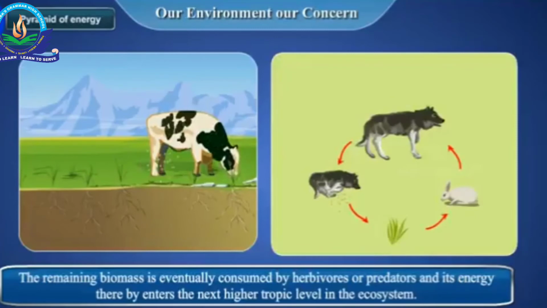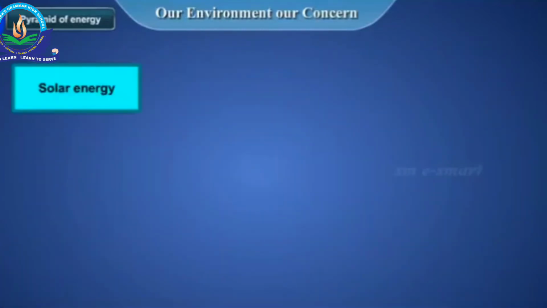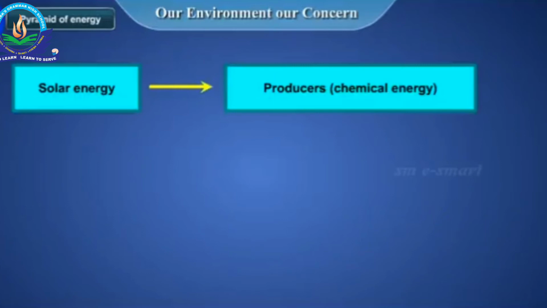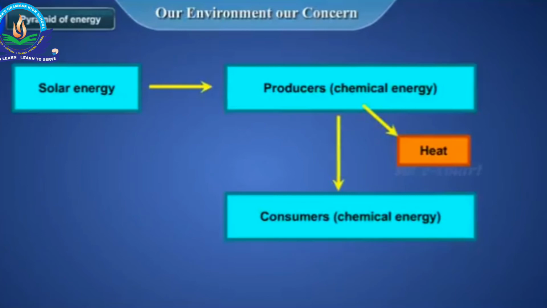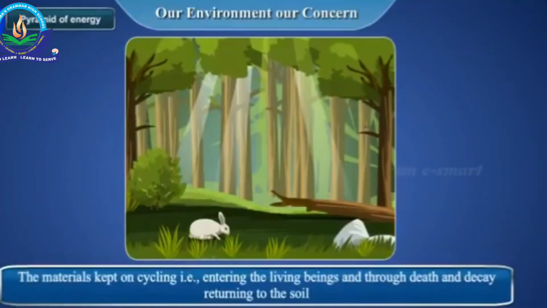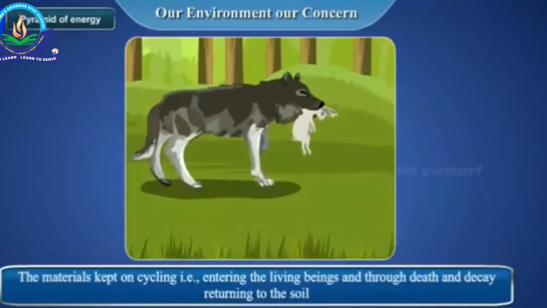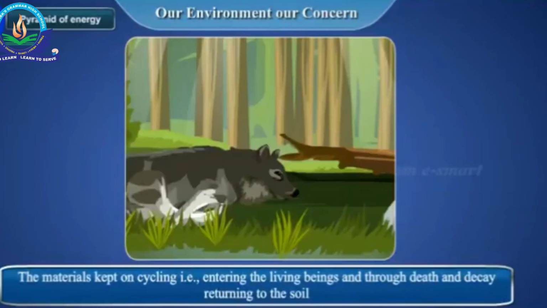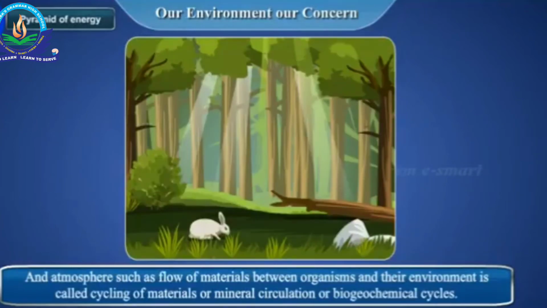in the ecosystem. Solar energy produces chemical energy and heat. Consumers, that is, chemical energy and heat. The materials keep on cycling, that is, entering the living beings and through death and decay returning to the soil and atmosphere.